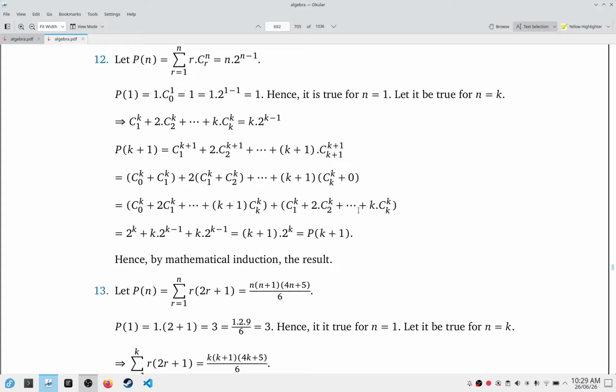Okay. Once we have done that, we see from analogy that this is 2 to the power k, and this one will become k into 2 to the power k minus 1.